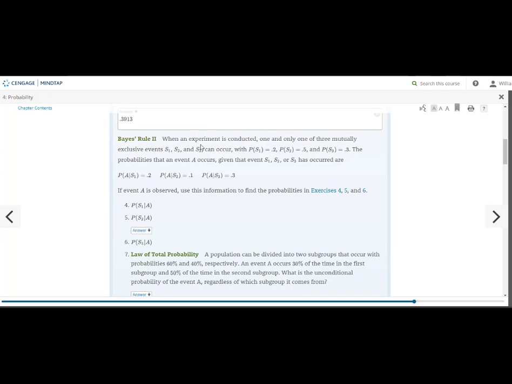Okay, let's look briefly at the second one here. They say when an experiment is conducted, one and only one of three mutually exclusive events can occur.